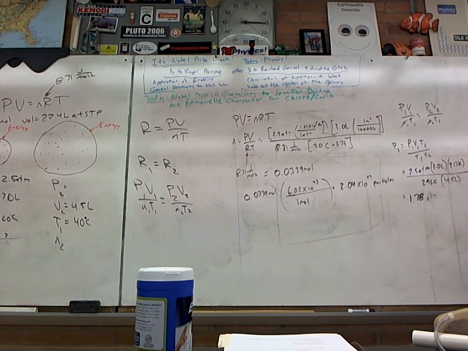It could have been anything. It could be in an arbitrary unit, like the gas that fills a propane tank. You don't even know what volume it is, but if you were to take the gas in one propane tank and put it in 4 propane tanks, you could just say 1 propane tank, 4 propane tanks, because the proportion of the volume is all that matters, not the absolute volume.